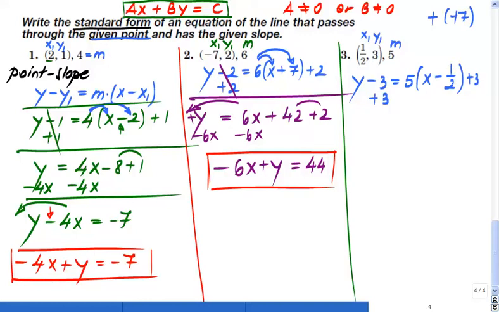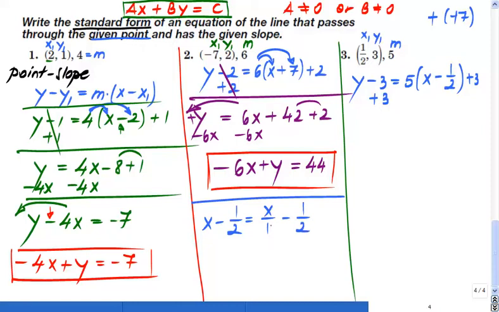To subtract 1/2 from x, I need to write that x as a fraction, which will be x over 1. If I have x minus 1/2, I'm going to write x over 1 minus 1/2.